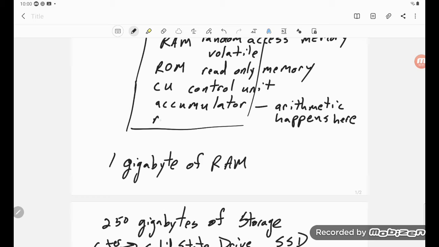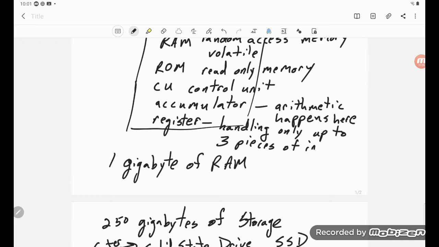And then there's something usually called the register, which again is a lot like memory of some kind, like the RAM or like the storage, but it's even smaller. The register tends to be handling only, I think, up to 3 pieces of information at a time.